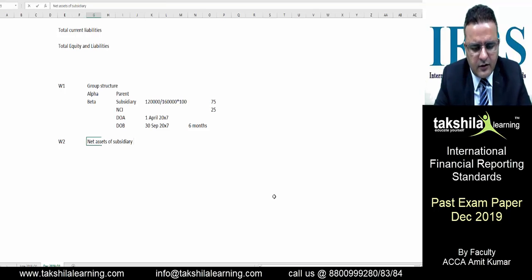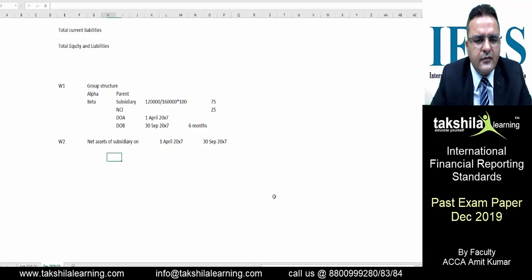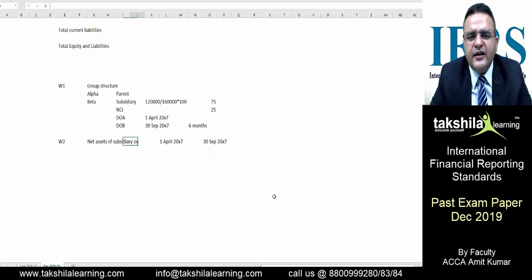Net assets of subsidiary on date of acquisition, that is 1st April 20x7. Date of balance sheet 30th September 20x7 is the date of balance sheet. I'm purposely writing the date so that there is no confusion. So in the new exam pattern, we should be writing it in this manner.